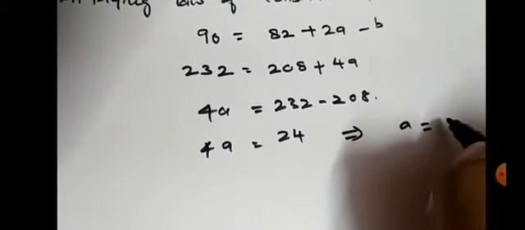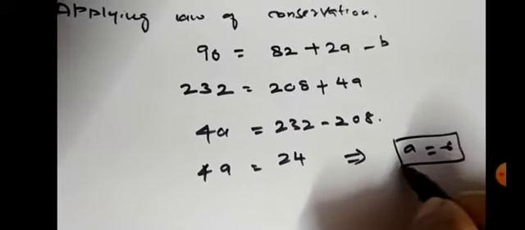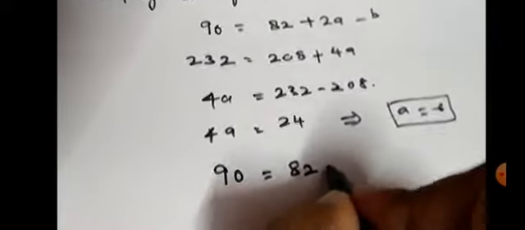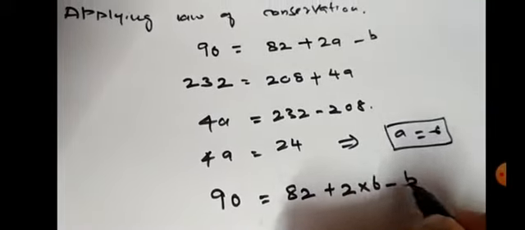Therefore, A is equal to 6. Now, substituting this value in the other equation, 90 equals 82 plus 2A, instead of A I am going to substitute 6.